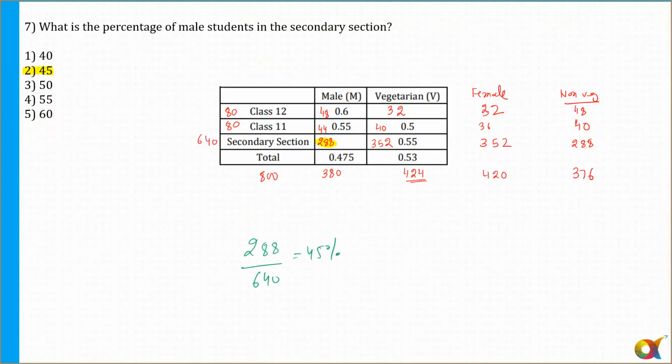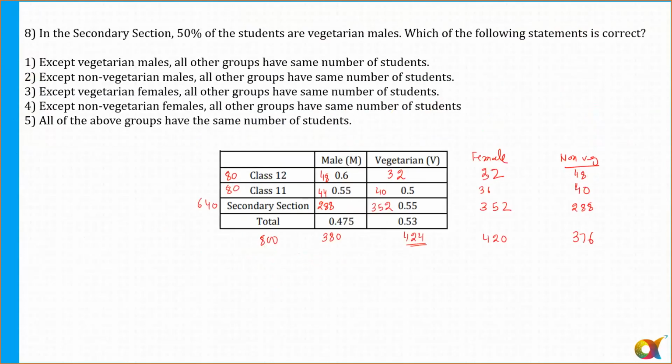Alright, and question number 8. It says in the secondary section, 50% of the students are vegetarian as well as male. So out of 640, it means 320. Now, here there is a problem with this question.